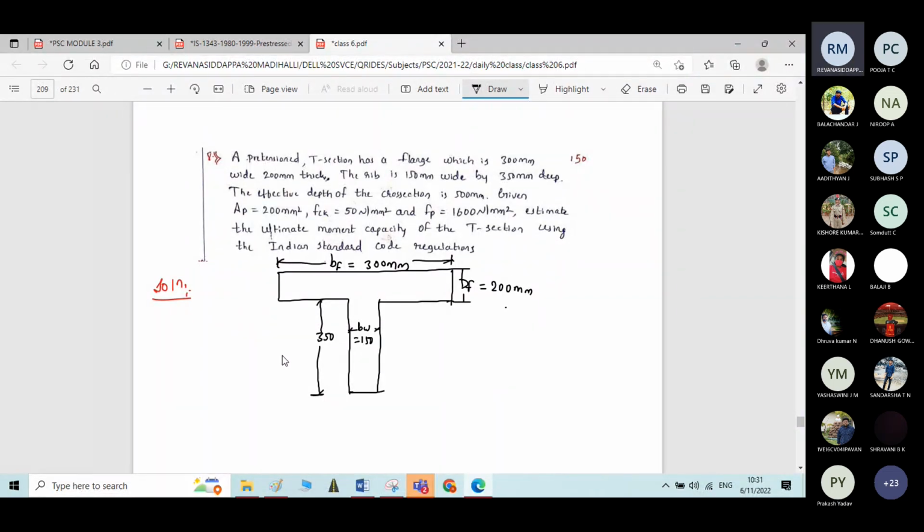Okay. Effective depth of the cross section is 500 mm. If you assume this pre-stressing steel here, effective depth is given as d is equal to 500 mm. And Ap, fck, everything is given.